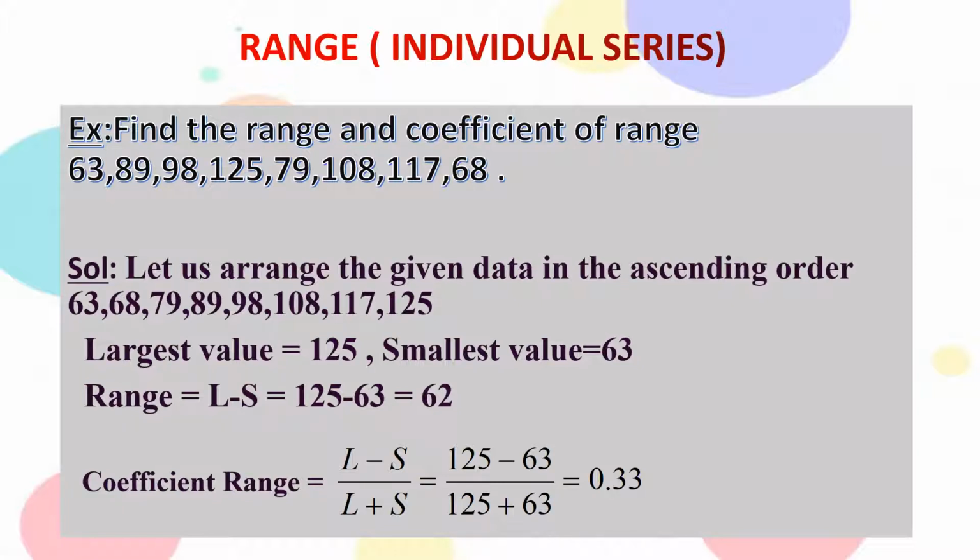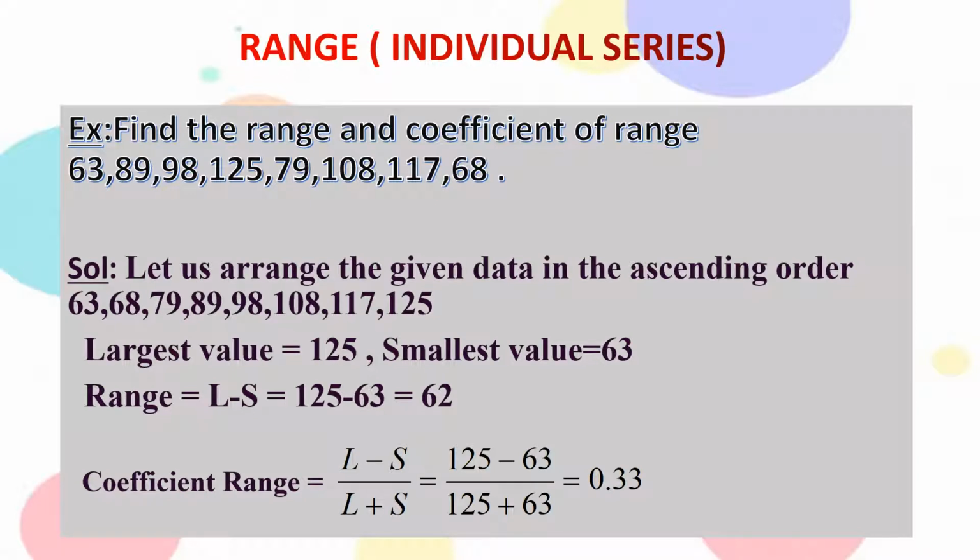After arranging the data, find the largest value and smallest value. Here you can observe 125 is the largest value and 63 is the smallest value. Once you have the largest value, denoted L, and the smallest value, denoted S, you can substitute into the formulas we discussed earlier.